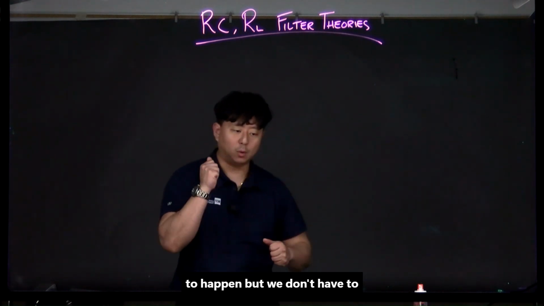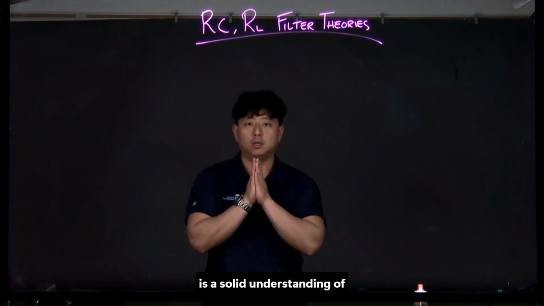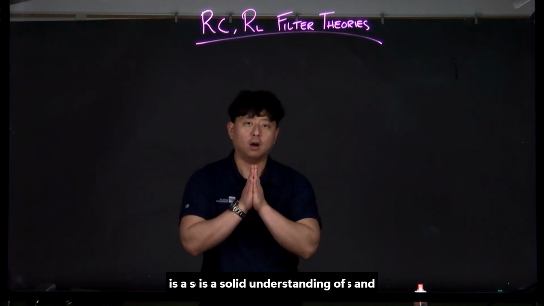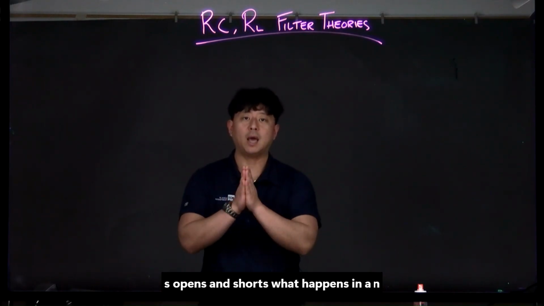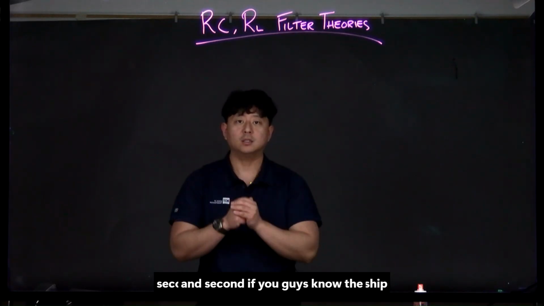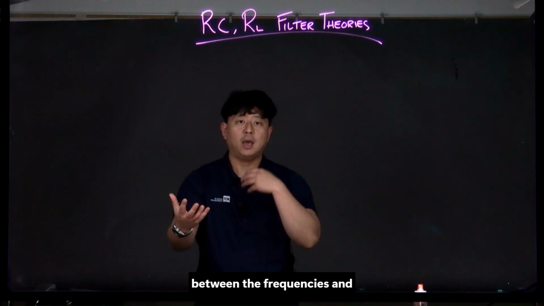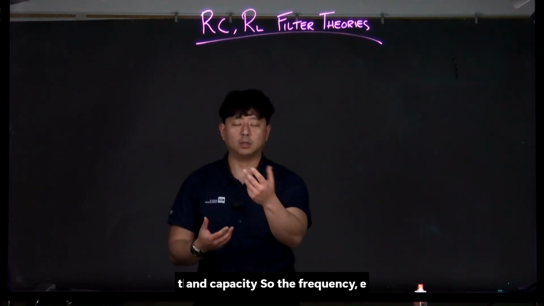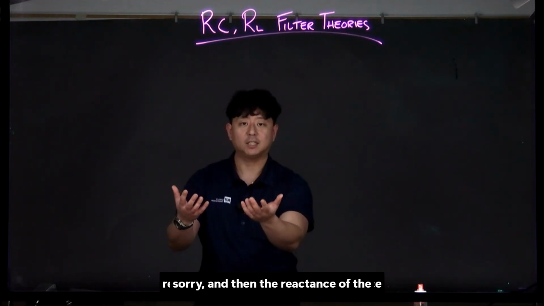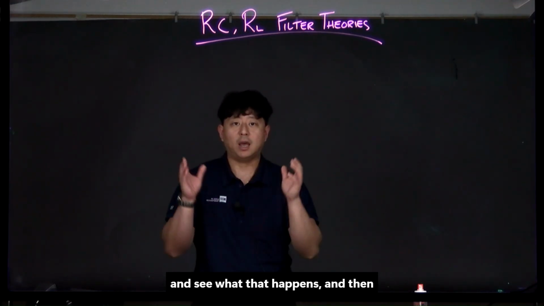But we don't have to overcomplicate this. All we need is a solid understanding of opens and shorts. What happens in a circuit when there's an open and a short, right? And second, if you know the relationship between the frequency and the reactance of the capacitor or the reactance of the inductor, and see what happens, then you're good to go.